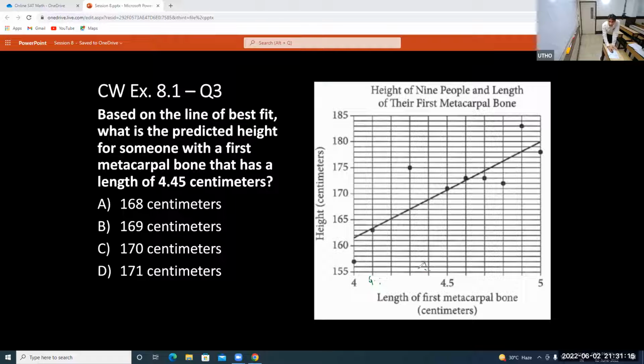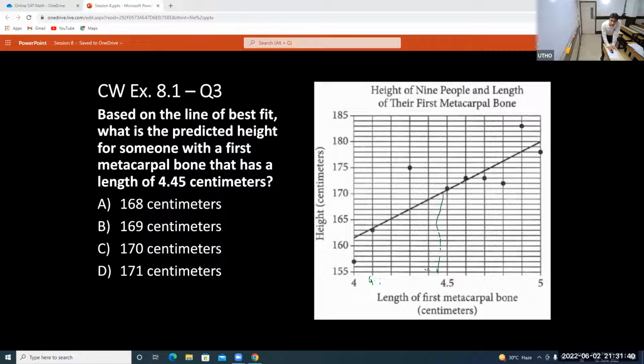So 4.45 should be between 4.4 and 4.5. If you draw a straight line up, यहाँ से एक line straight, जितना straight बना सकते हो.